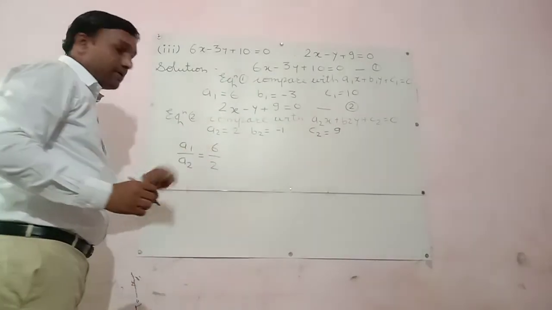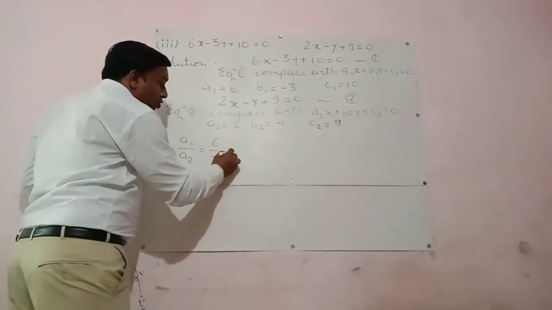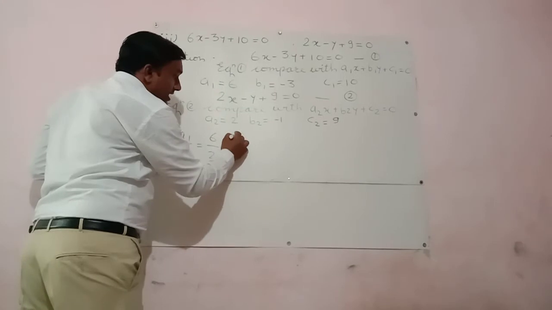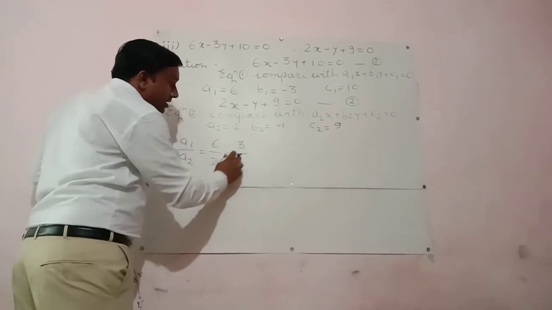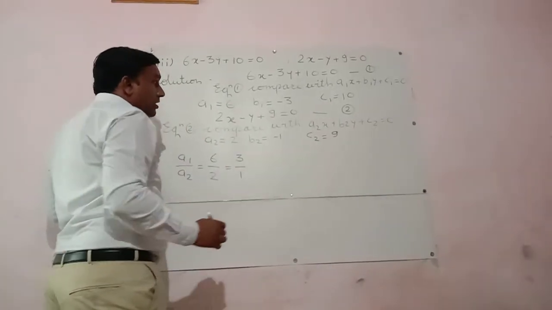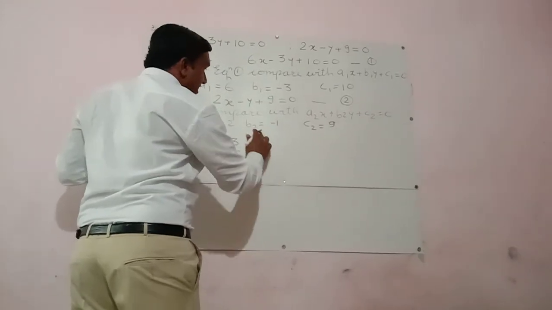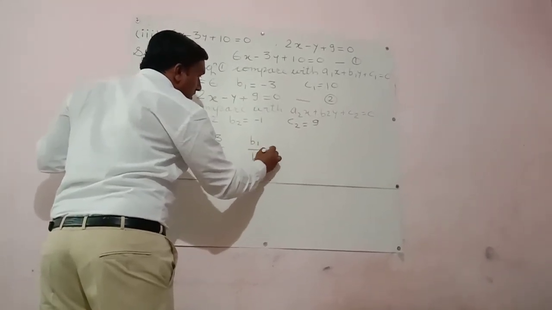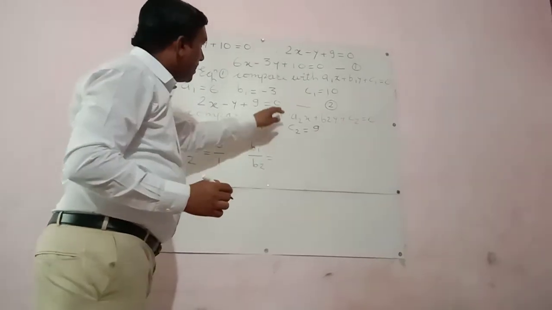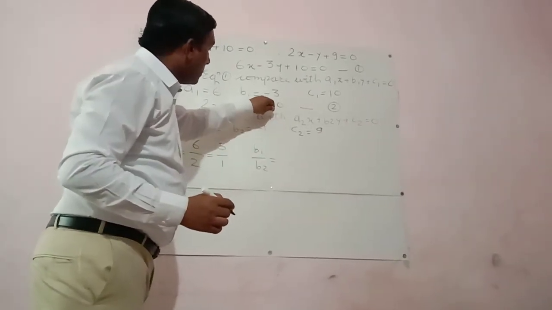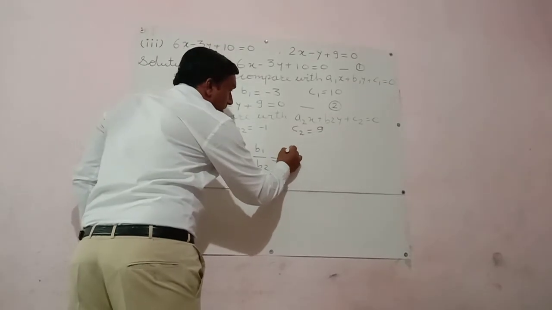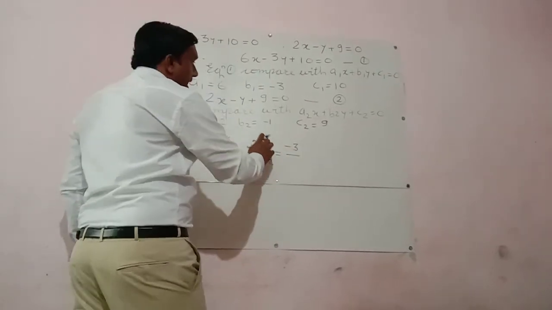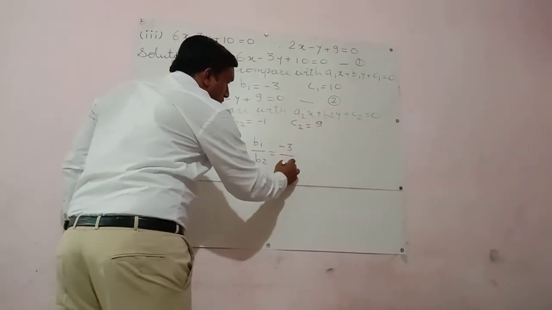Now we reduce it. 2 1s are 2, 2 3s are 6. So we get 3 upon 1. Now the second ratio, that is b1 upon b2. Here we have b1 equal to -3 and b2 equal to -1.